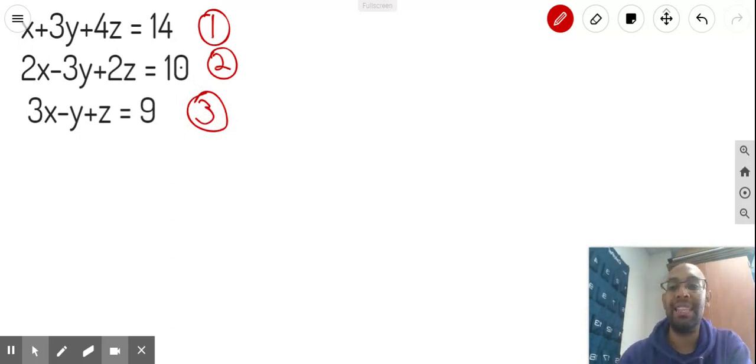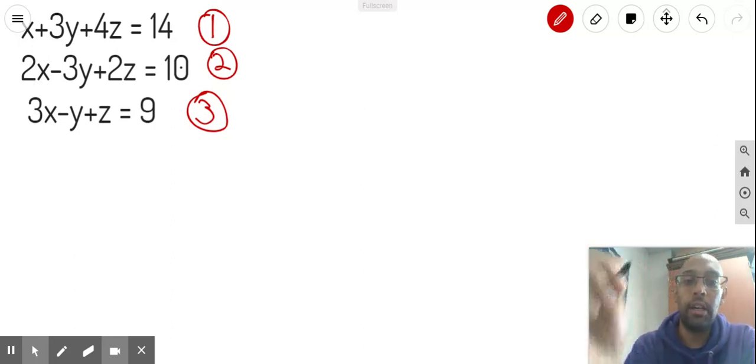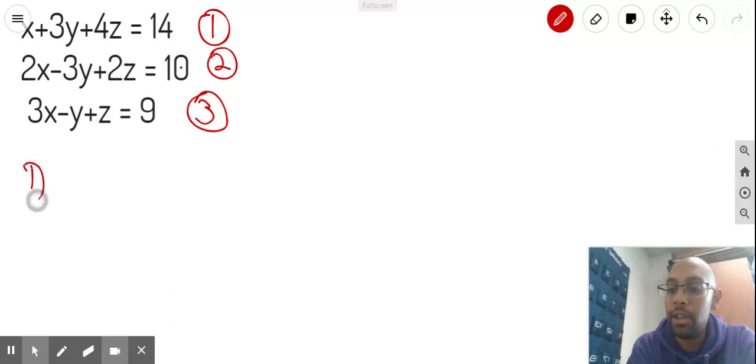Once again, pick the easiest variable to eliminate. Turns out, in this case, y is the easiest variable to eliminate because I can match up equations 1 and 2 and knock out y immediately. And then I just need to match up either 1 and 3 or 2 and 3, and I can easily eliminate from there. So for the first matchup, I'm going to do 1 and 2.